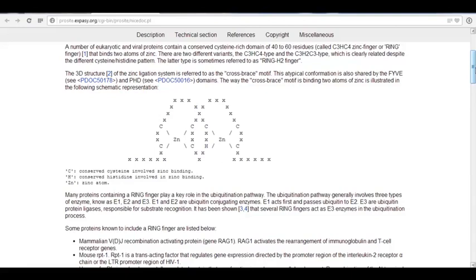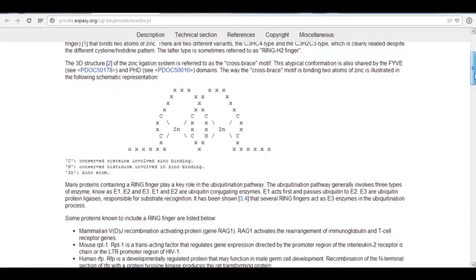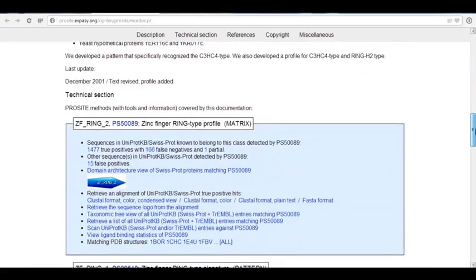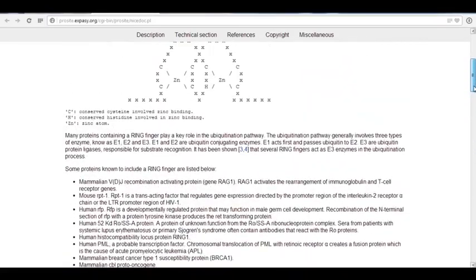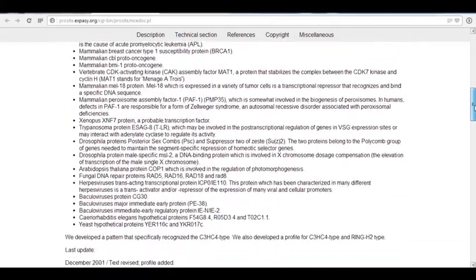I didn't name it. But you'll see documentation about some proteins that have this profile and what this is known to do. The zinc finger plays a role in what's called the ubiquitination pathway. So you get a lot of information about that particular motif.